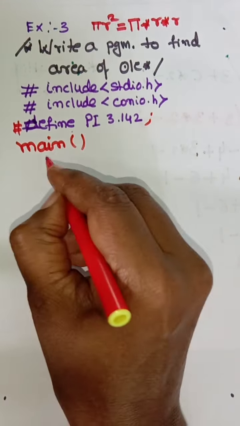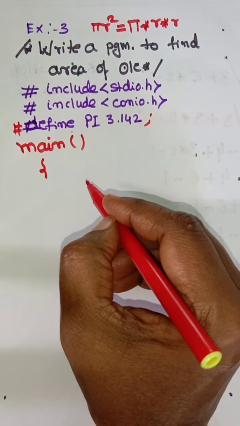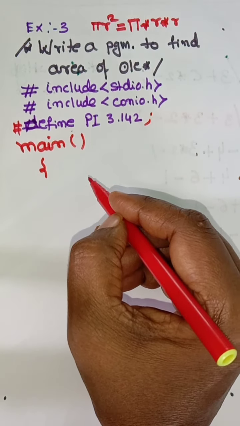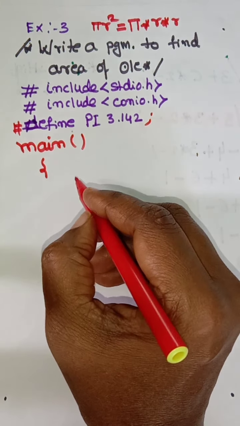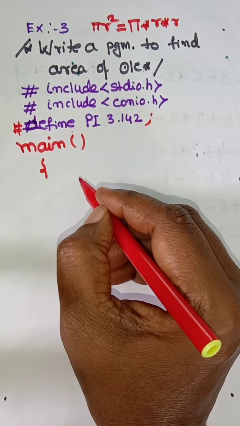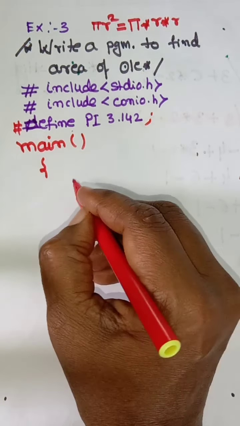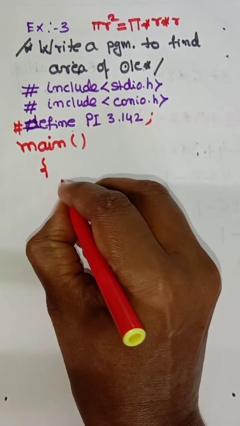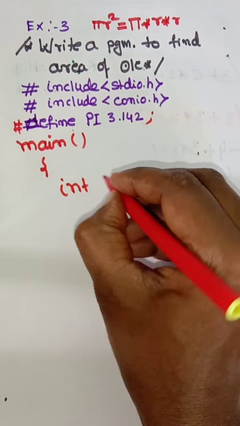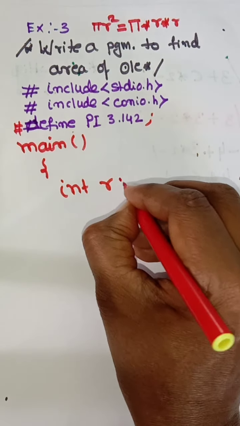Okay. And next you are going to declare the variables. What are the things required here? First, I want to read the radius. Usually radius is in the form of integers. Just let us assume the radius is in integers. Okay. int r, you take r only.